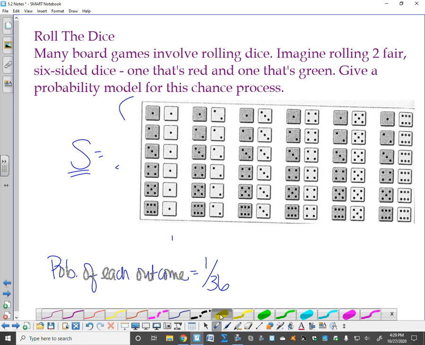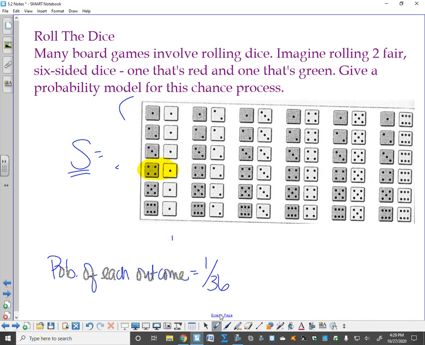So that could happen here, here, here, or here. Those are all the possible outcomes. Notice that it's more than one outcome, so it is an event. An event is a collection of outcomes. Now, they all produce the favorable outcome, which is the sum is 5.